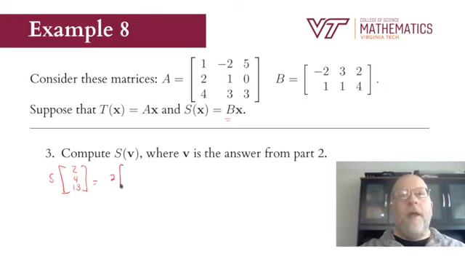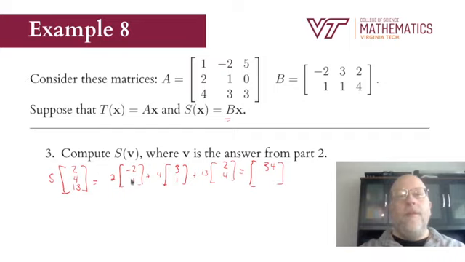So that's 2 times negative 2, 1, plus 4 times 3, 1, plus 13 times 2, 4. And that's the vector. Negative 4 plus 12 is 8. 8 plus 26 is 34. And then 2 plus 4 is 6. 6 plus 52 is 58. All right. So we got the answer 34 and 58.